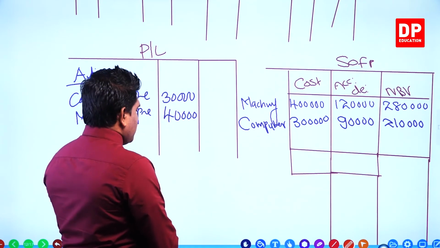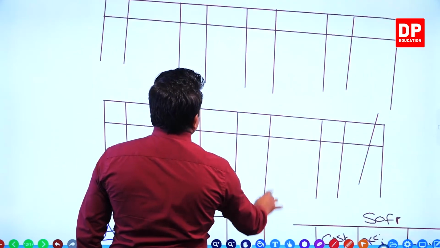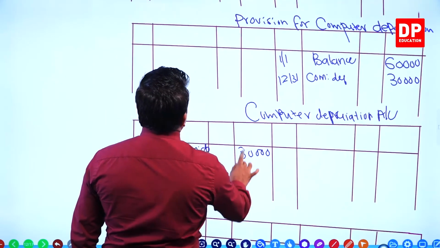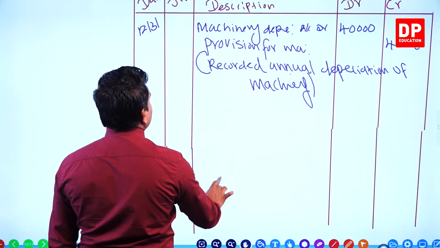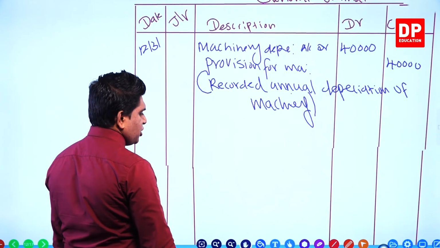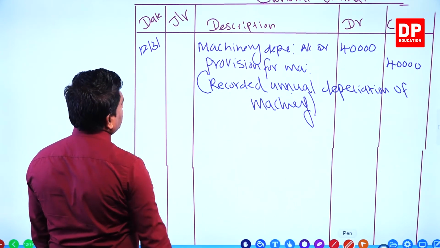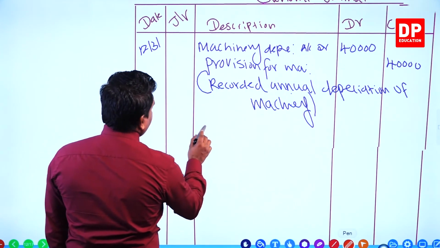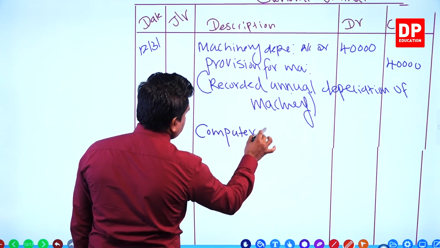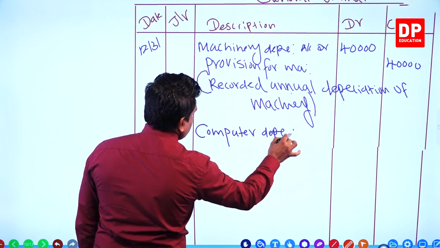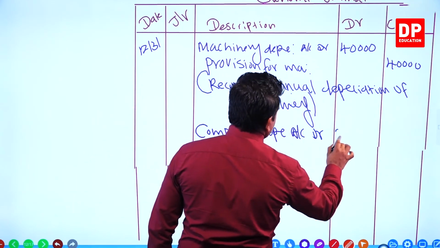Now, did we record this computer depreciation in the general journal? Say no. We have to record them in the general journal also, right? General journal, the same date. Then how do we record? Computer depreciation account debit 30,000.